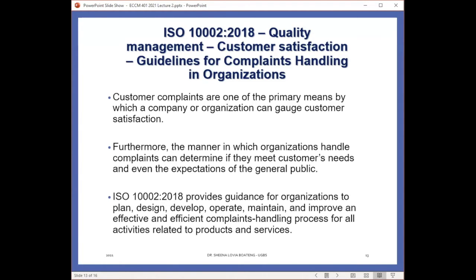And the two deals with guidelines for complaint handling. Now, complaints are a key part of dealing with customers because they are inevitable. And they are one of the primary means by which a firm can be able to determine the level of satisfaction among their customers. Because the more complaints you have, what does it mean in relation to customer satisfaction?